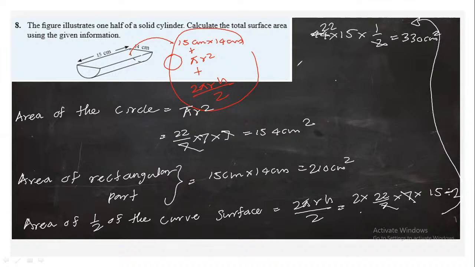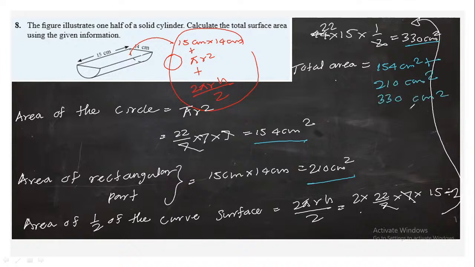Then total area equals, we can add: 154 square centimeter plus 330 square centimeter. Altogether 694 square centimeter.